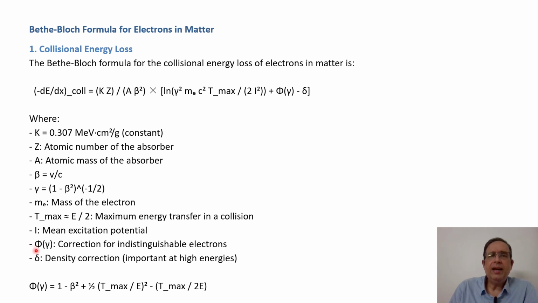Similarly, phi is the correction for indistinguishable electrons. When they collide, after collision, the outgoing electron cannot be distinguished from the struck electron. The electron that is struck by the incoming electron and the outgoing electron are indistinguishable because they are identical.